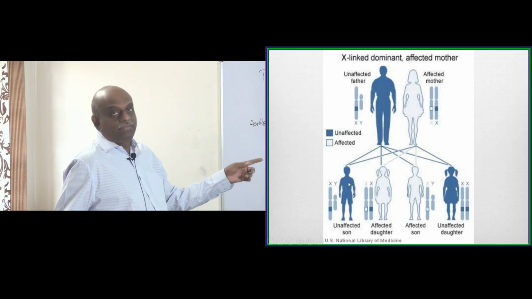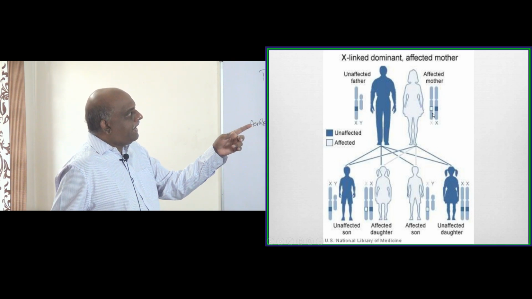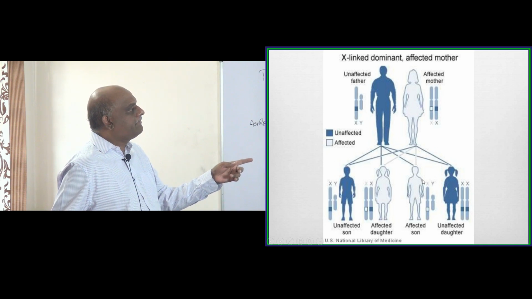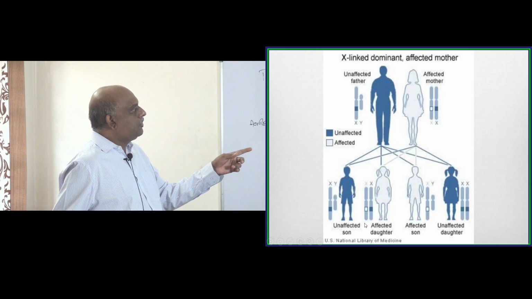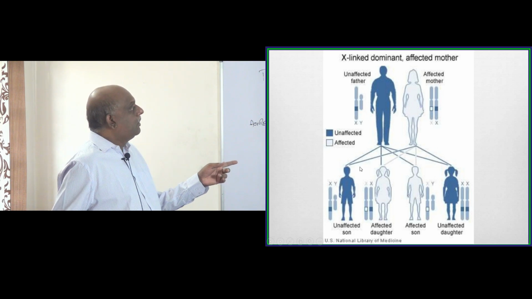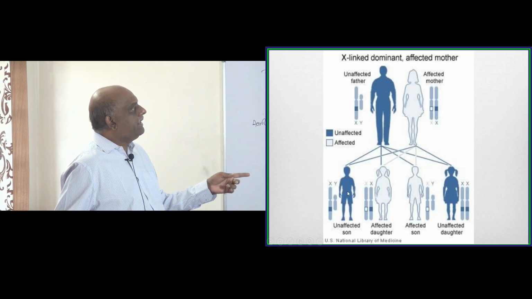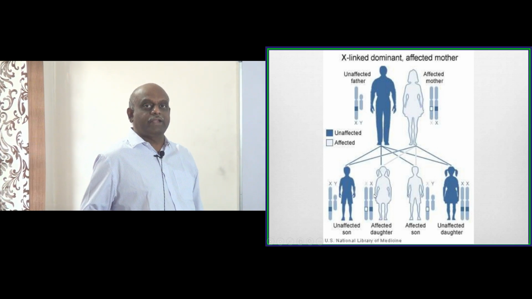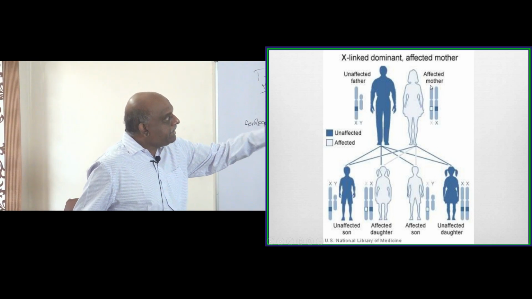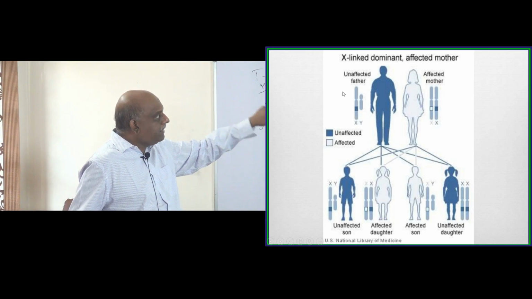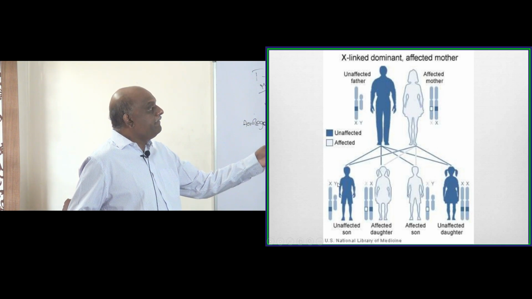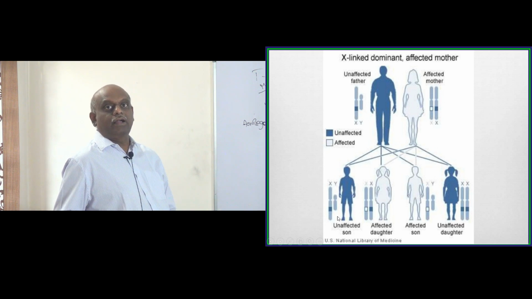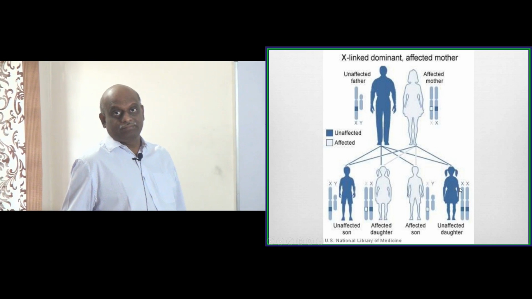So that is the reason, if that X chromosome is a dominant abnormal X chromosome, that son is affected, whereas the other son who received a normal X from the mother and obviously the Y of the father, he is the one who is unaffected. So, if mother is affected, father is unaffected, 50% of sons are affected, 50% of the daughters are also affected.